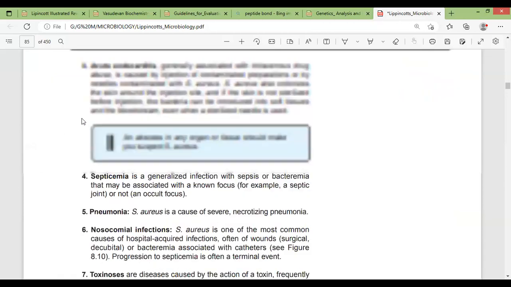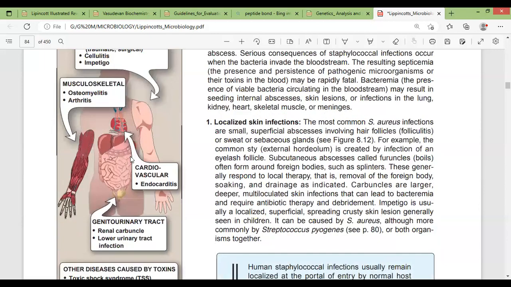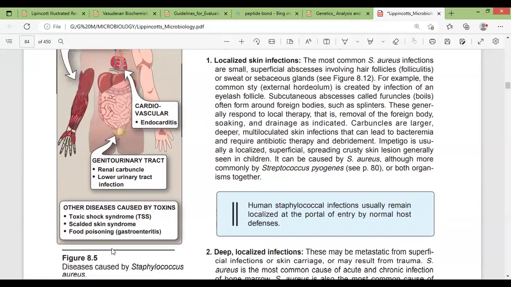We know it's the most important. Once it enters your bloodstream, it can infect your bone, it can infect your valves, endocarditis there, osteomyelitis. It can also infect your urinary tract. Food poisoning, we've mentioned, it can also cause pneumonia.